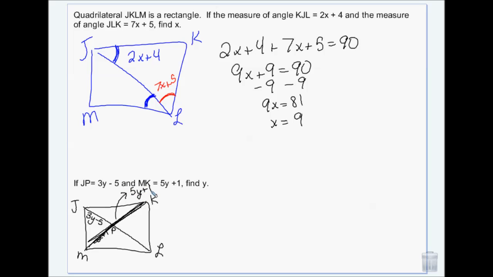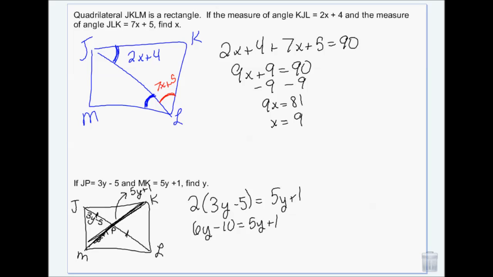Well, the two diagonals are going to be congruent. And it's a parallelogram, so the diagonals bisect each other. So this is 3y minus 5, and this is also going to be 3y minus 5. If we make it 6y, so two of these equals one of those. So 6y minus 10 equals 5y plus 1.